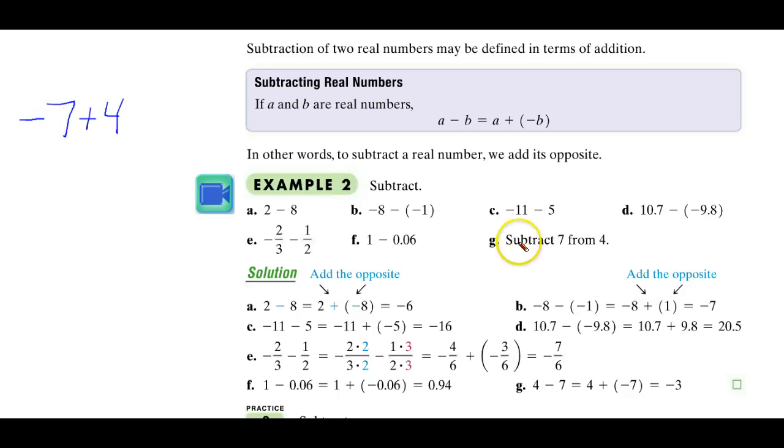You must convert this sign to a negative to get the answer. And that's one way of looking at it. Now you might write it this way. 4 subtract 7. Another way. Either way, you get the same answer. The smaller absolute value from the larger is 3, and you apply the larger absolute value sign, which would be negative.